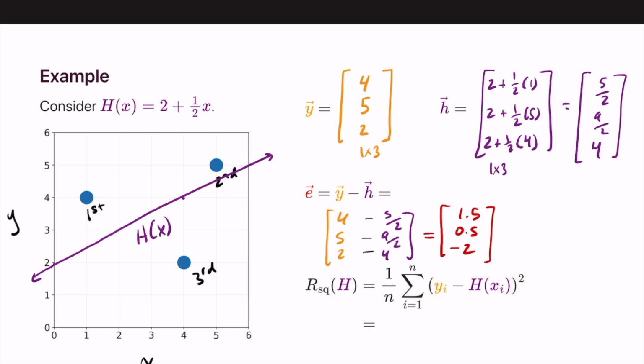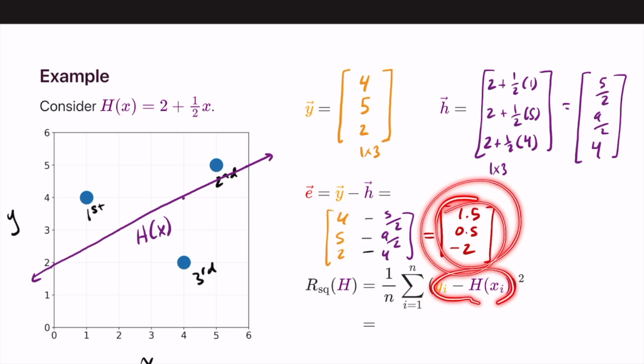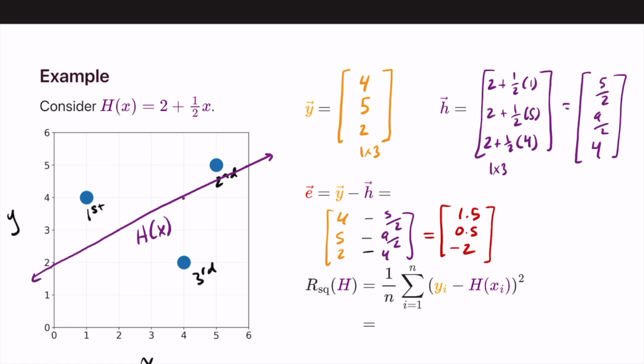So what does this kind of look like in here? Well, I suppose we can continue in red. I'll just go black. So we have 1/3, right, the 1 over n.